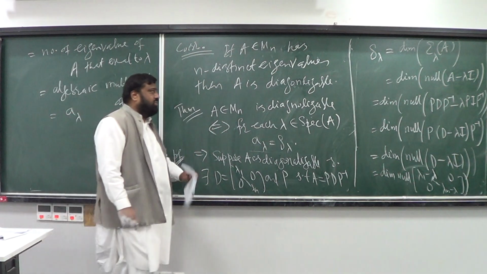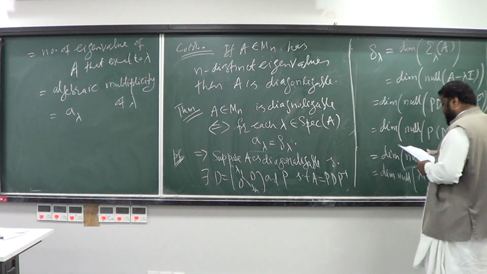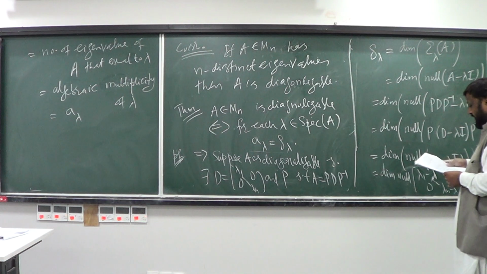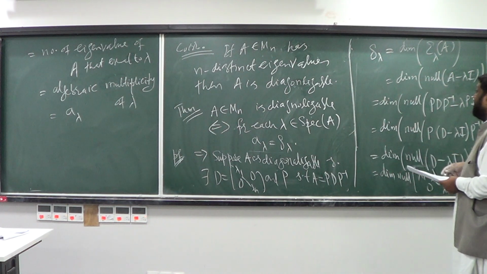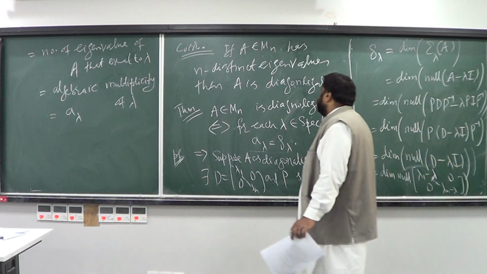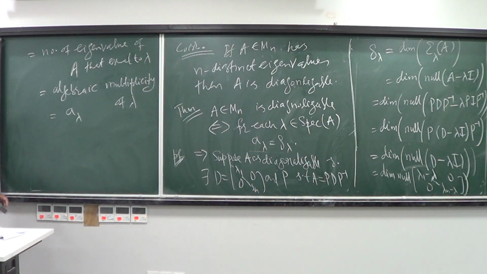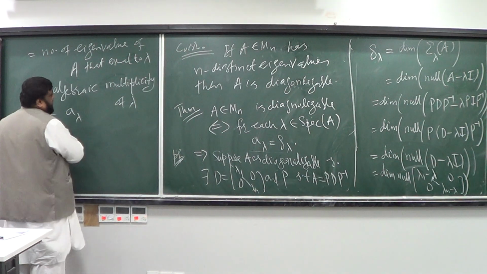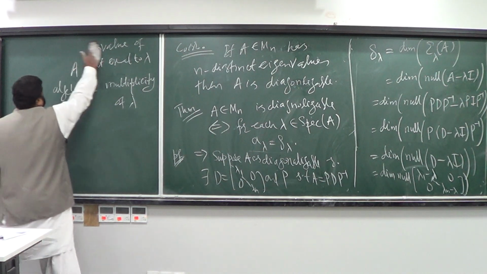So g lambda is equal to a lambda. This result shows that a matrix is diagonalizable if and only if for each eigenvalue the algebraic multiplicity is equal to the geometric multiplicity.